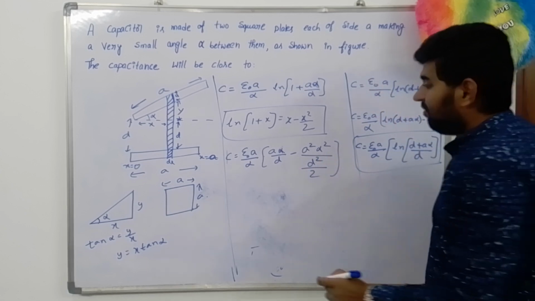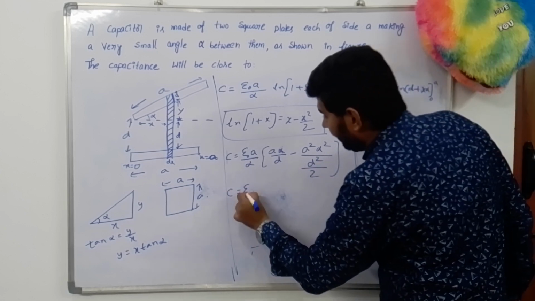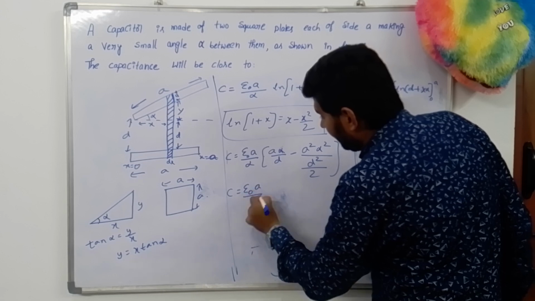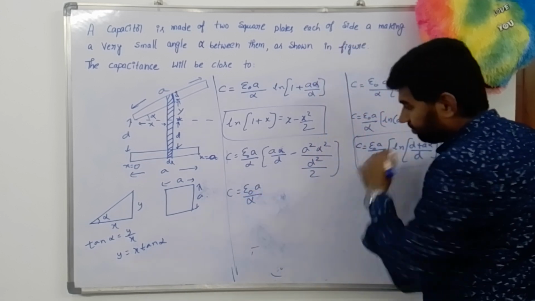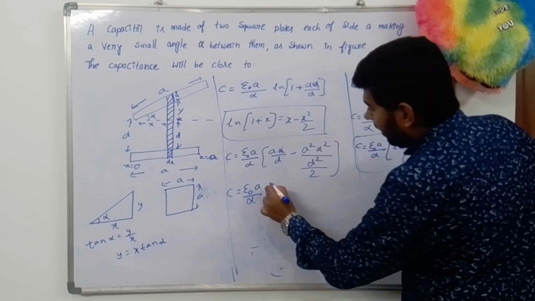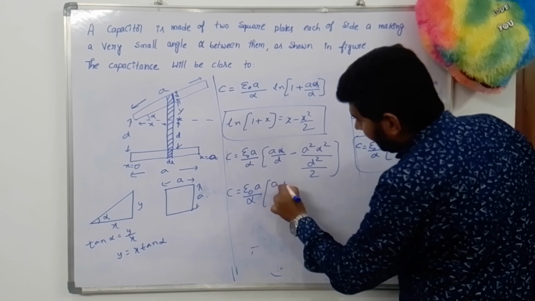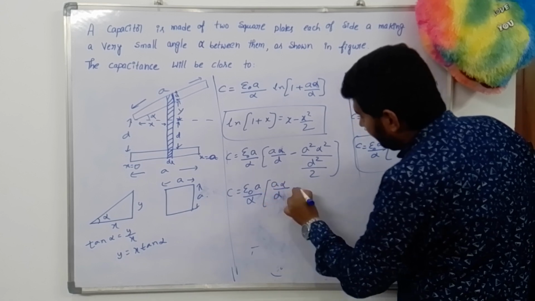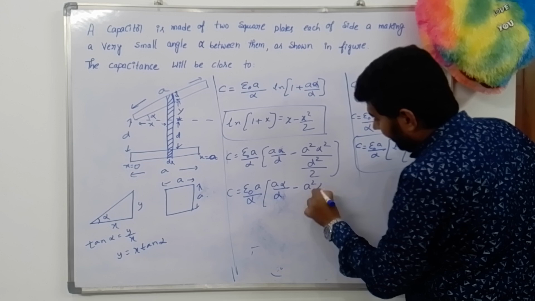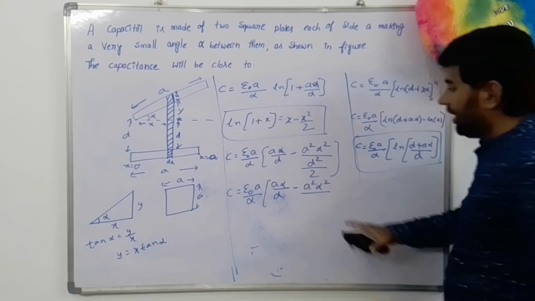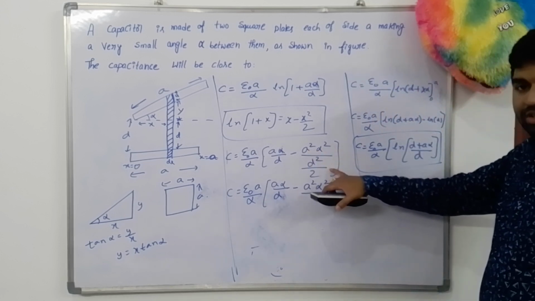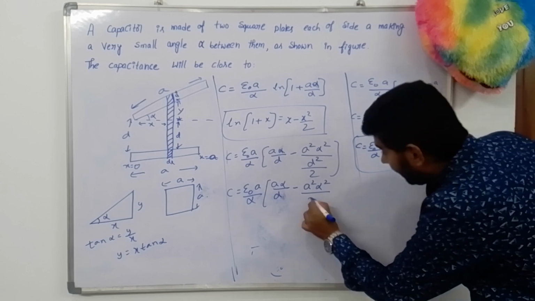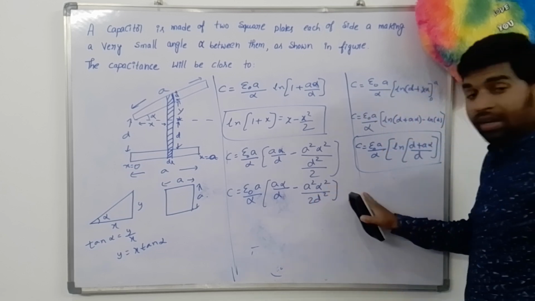It is clear. From this, C is equal to epsilon naught a by alpha times a alpha by d minus a square alpha square by d square into 1 by 2, it will become 2d square. Till now it is clear.